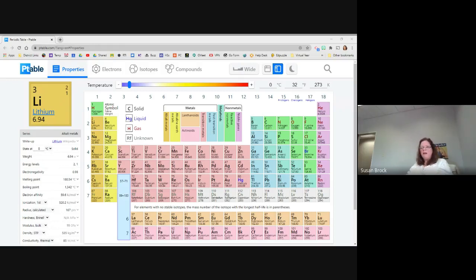So never, ever use the decimal from the periodic table as the mass number, because that's not what it is. That's an average of all the masses of an atom's isotopes. So that's a really good question, one that people get wrong all the time.